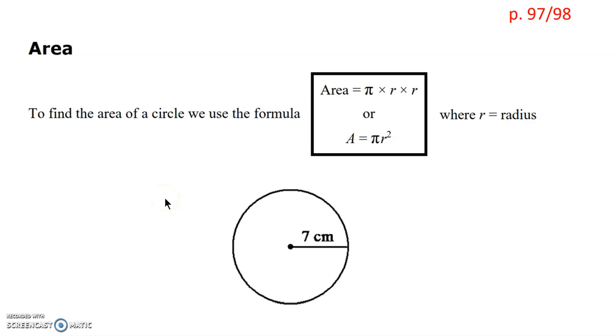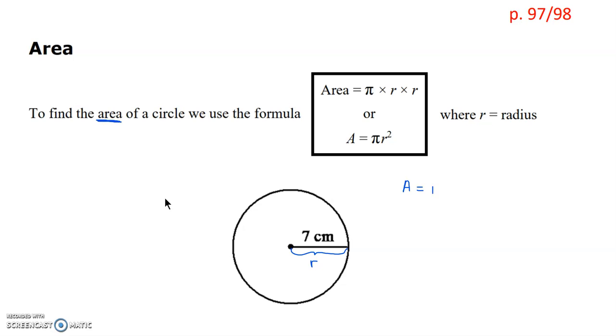If we want to calculate area, we're going to find the inside measurement. So we're going to find the area of a circle, and we're going to use a different formula. For the area of a circle, we need the radius, the measurement from the central point to the edge, and we're going to square the radius in order to use the formula.